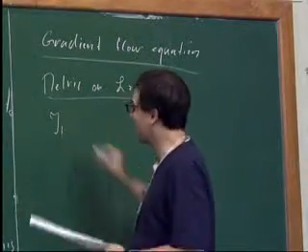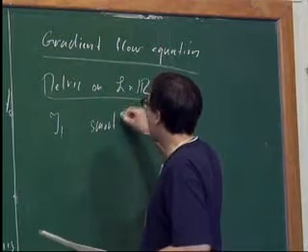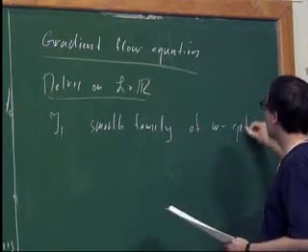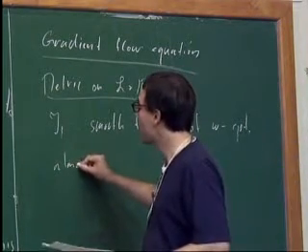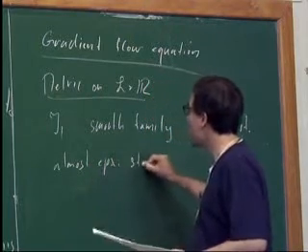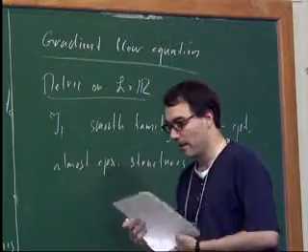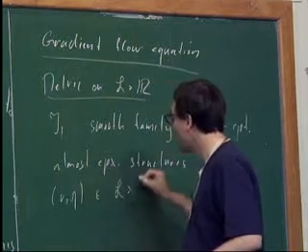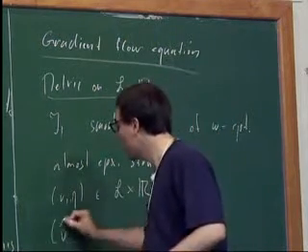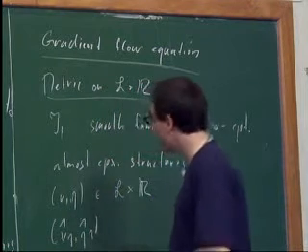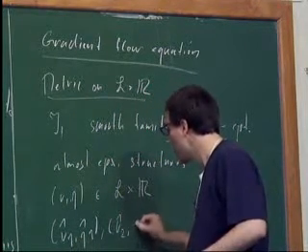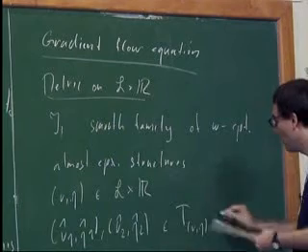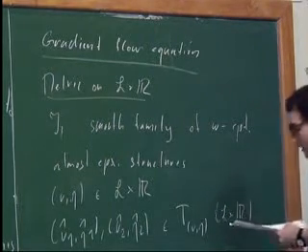We pick some smooth family of omega-compatible almost complex structures, and then if we have a point (v, eta) in L times R, and we have two tangent vectors at this point, they live in the tangent space of L times R at (v, eta).